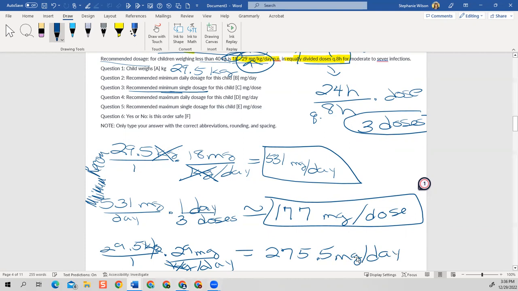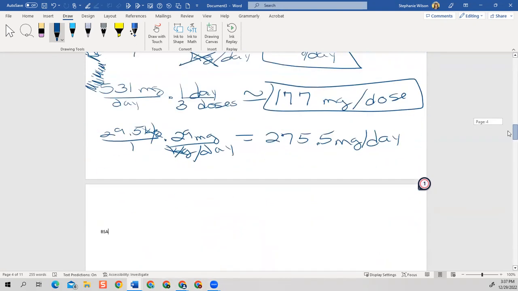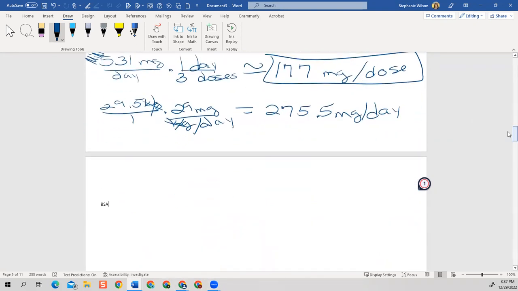I'm going to scroll down so I have more paper room. And let's label this. This is my maximum recommended. All right. So now I have 275.5 milligrams per day recommended for this patient.